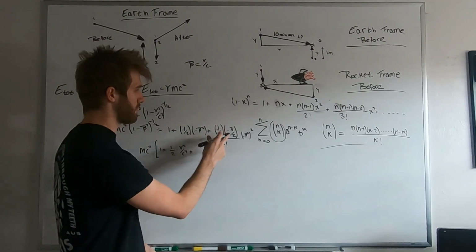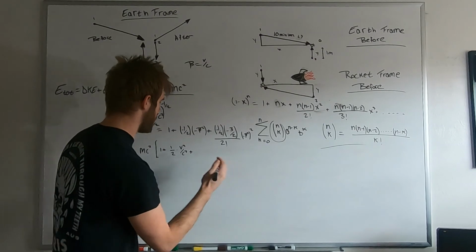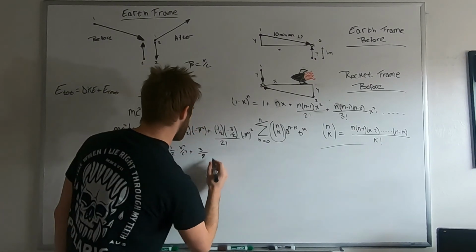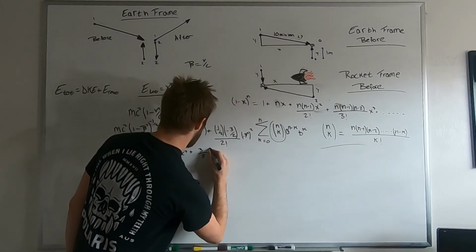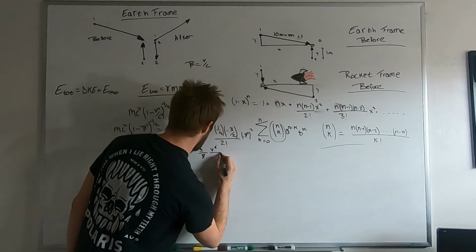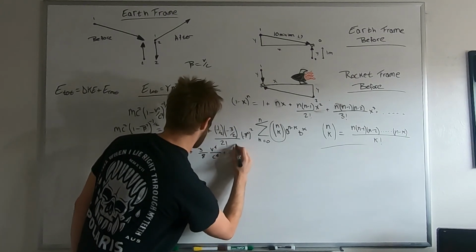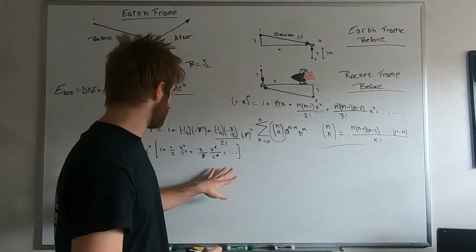We just get 3 over 4, and we multiply that by 1/2, we get 3 over 8, times beta to the fourth, which is v to the fourth power over c to the fourth power, plus dot dot dot. Higher order terms start to become negligible, not worth considering.